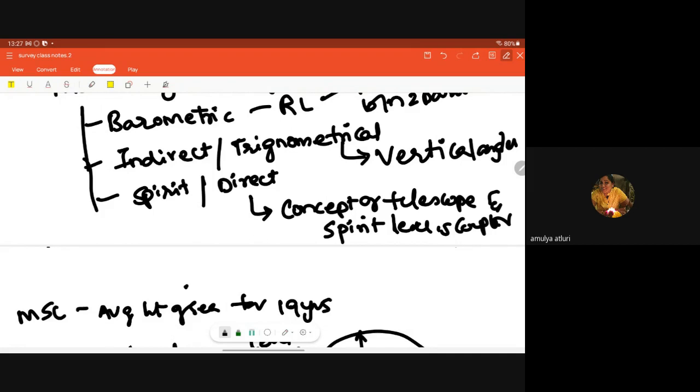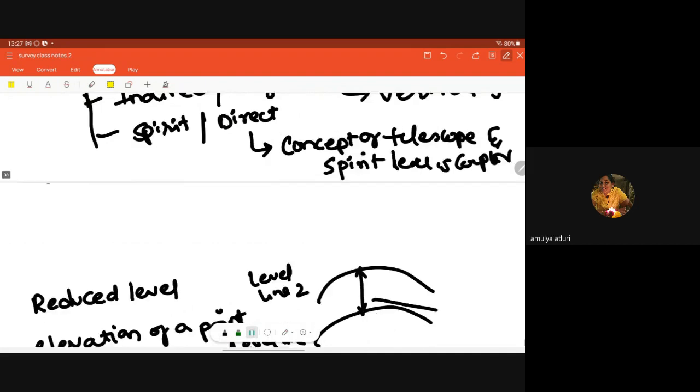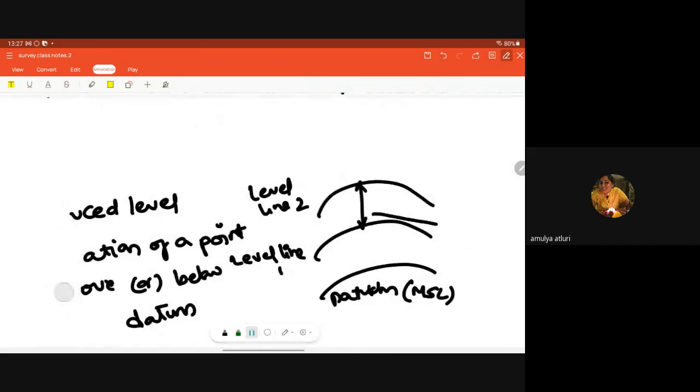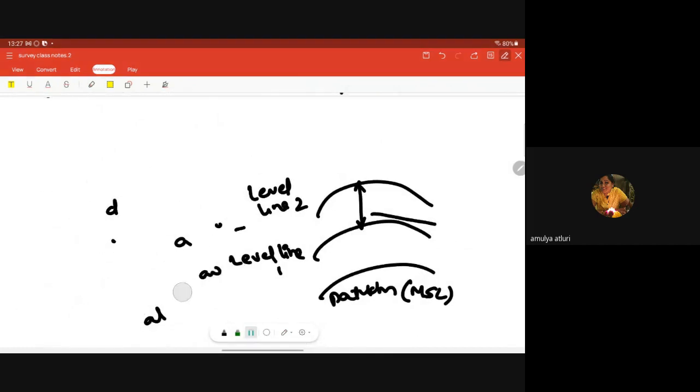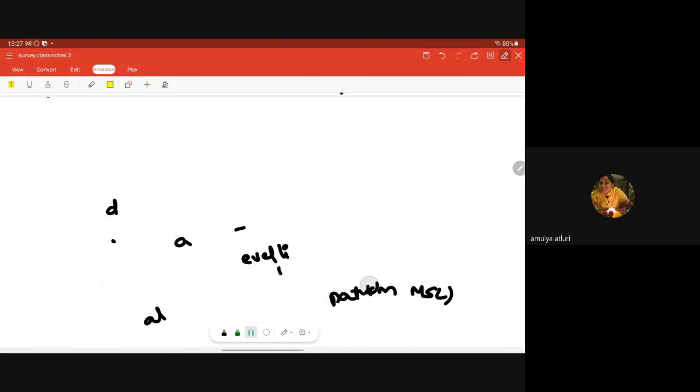So what are the instruments used in leveling? Come on, anyone? The leveling instruments are the dumpy level, auto level, and leveling staff.